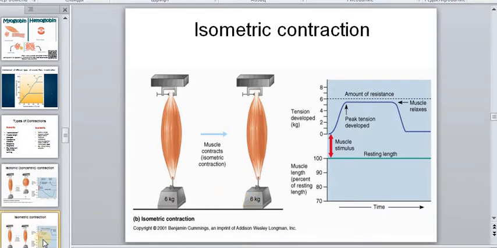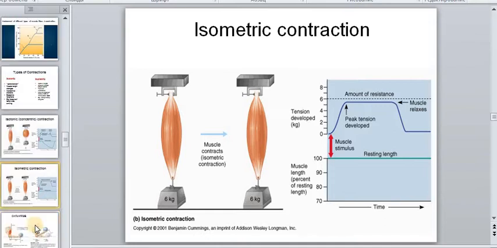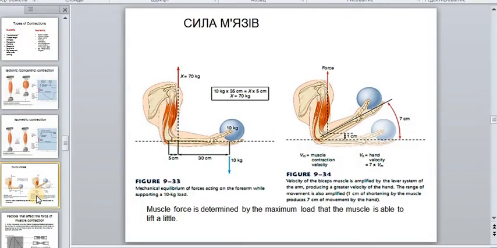Muscle force is determined by the maximum load that the muscle is able to lift even a little. We can use meters, centimeters, or even millimeters. Muscle force is determined by the maximum load that the muscle is possible to lift even a little.